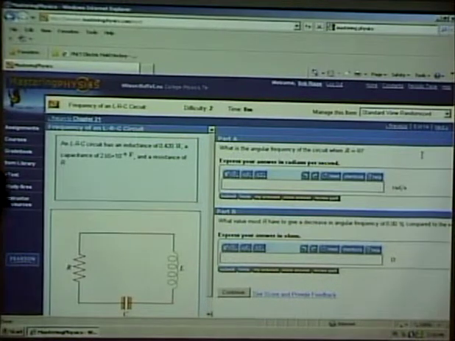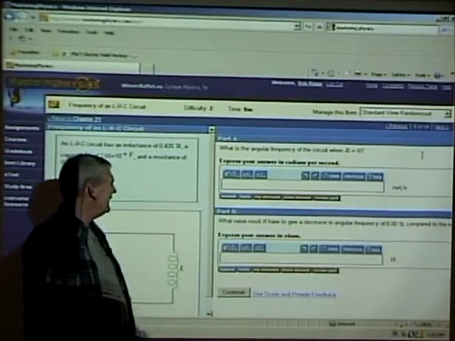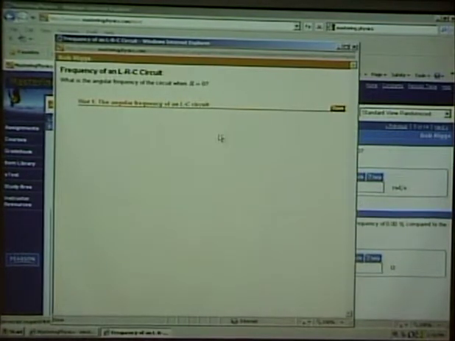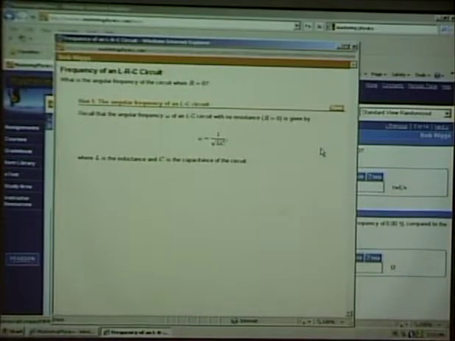Now here's what you do. Oh my, yeah, use your hints on this guy. All right, I'll do the first part, and then you guys use your hints on the second part. Well, let's just do the hints because they explain it better than I would anyway. So we go to the hints, boom. It says the angular frequency of an LC circuit is equal to this. Aha! Well, then I think I can do that.